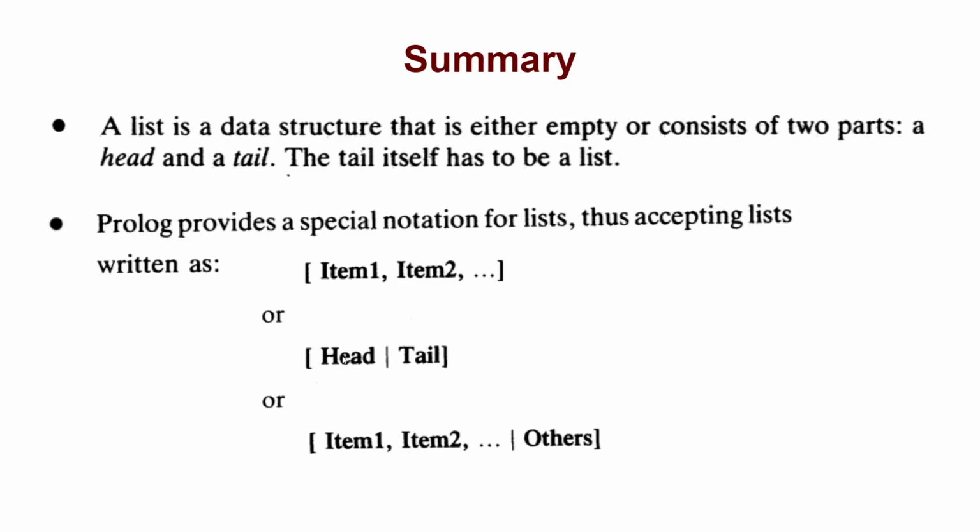We can write the lists as a sequence of elements, or we can use the vertical bar to separate the head and the tail, or just to separate the first items from the other items. What is important is that whatever we put after the vertical bar has to be a list. So the tail has to be a list, and this variable must also be a list.